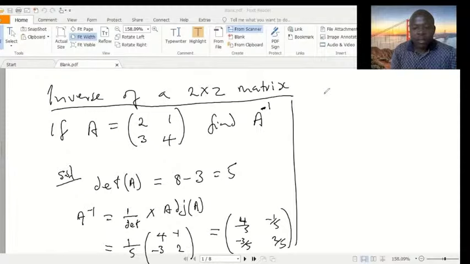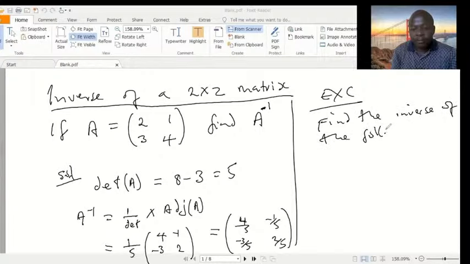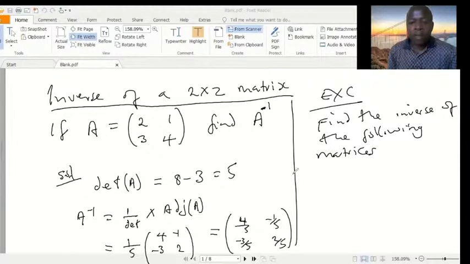So as the exercise, you can try to find the inverse of the following matrices, if it exists. And as I said, I'll show you how to find the inverse of a 3 by 3 matrix, 4 by 4 matrix, and you can generalize that to higher order matrices.